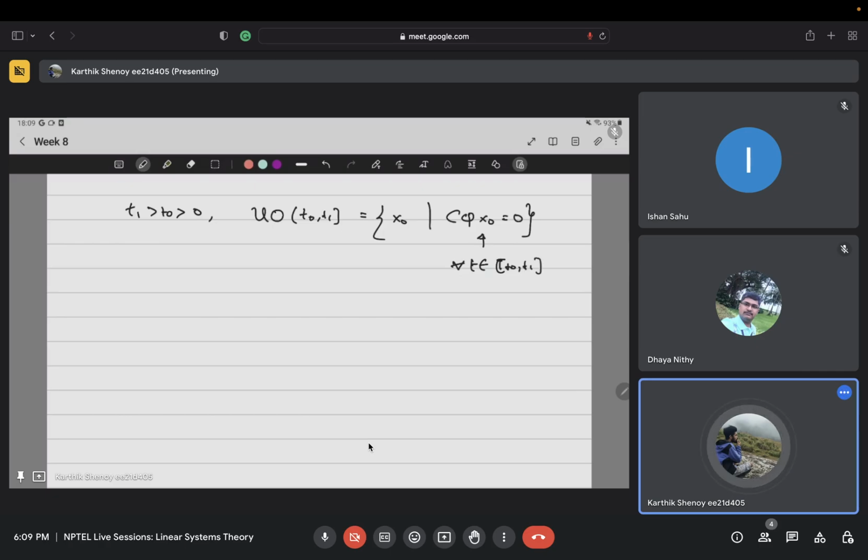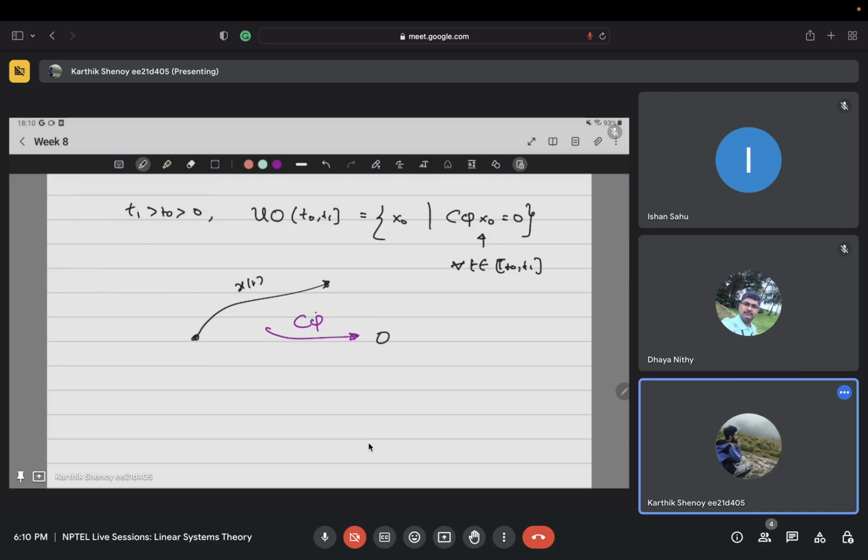What happens is, earlier we plotted this trajectory, right? You have x of t. If you apply this transformation C times phi, it goes to the origin. So you have a transformation C times phi, you get 0. That is my unobservable subspace.